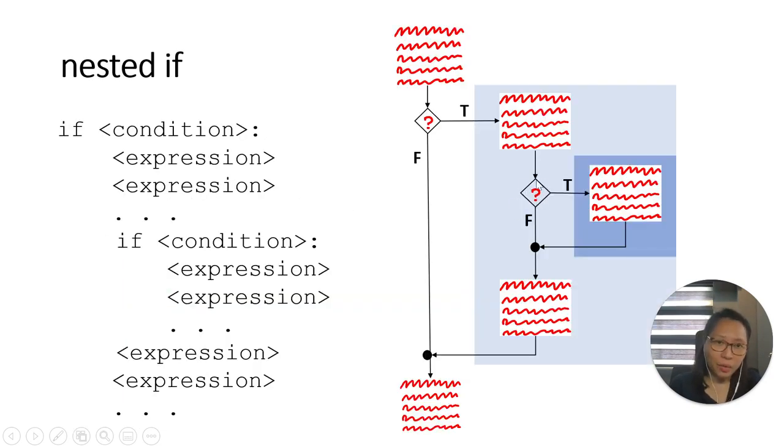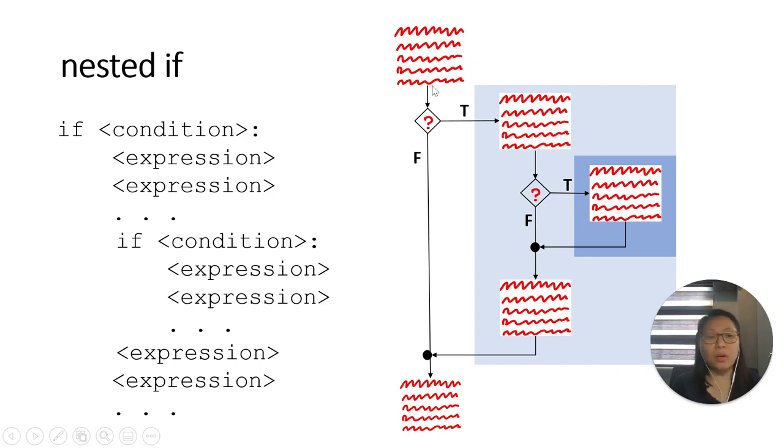So here we have another test, and then if this one is true, this code block here, which is an inner if structure, inside this block of the bigger if construct, is executed. Otherwise, it goes here and so on.